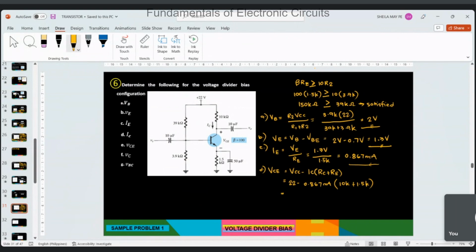So that's 12.03 volts. That's for our VCE.